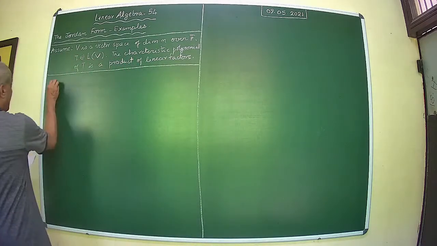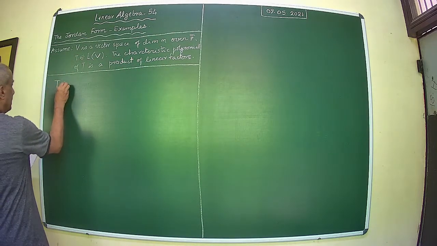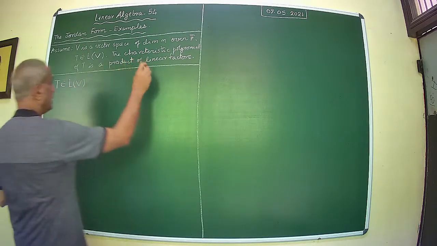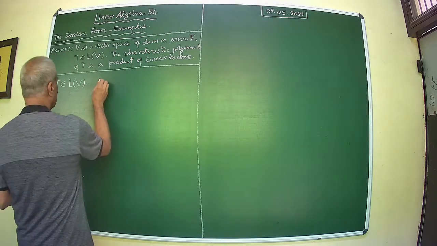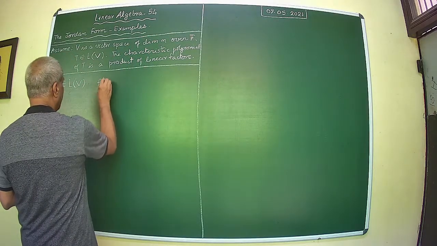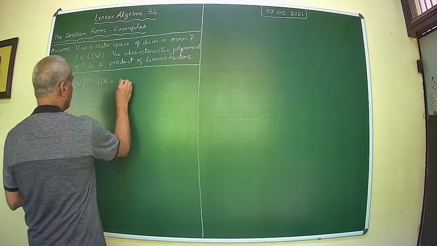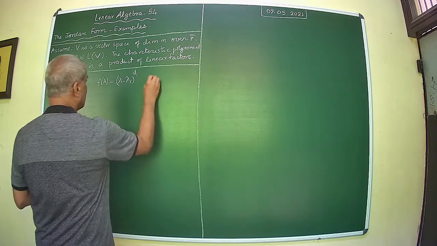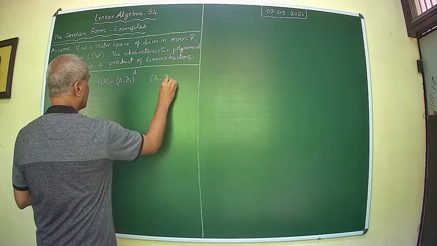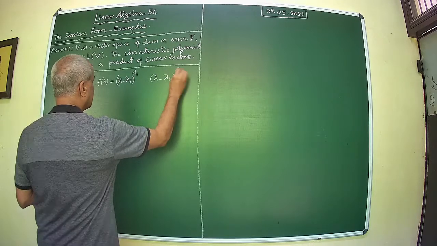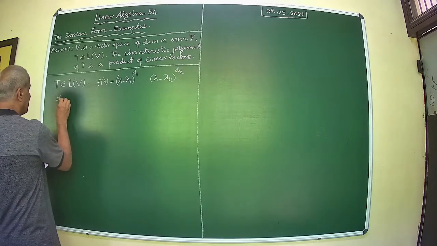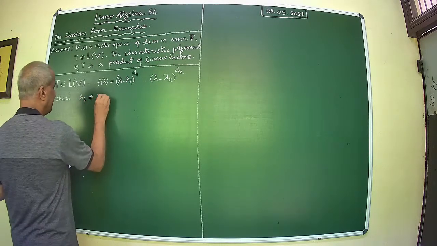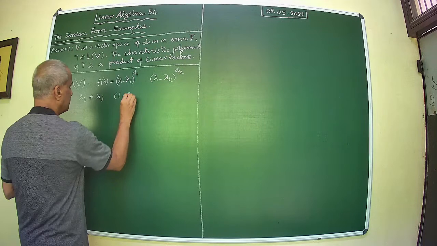We have a linear transformation T on V, and we have assumed that the characteristic polynomial f(lambda) is of the form product of (lambda minus lambda i) to the power di, where lambda i is different from lambda j whenever i is different from j.